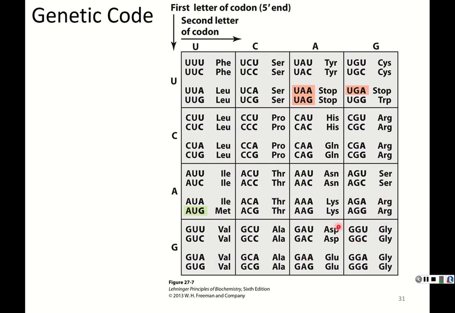Something like arginine is a good example of how you can change the first base. If you change an A to a C in these two, you're still going to get arginine. So there is some degeneracy to the code, which leads to resistance against mutations.